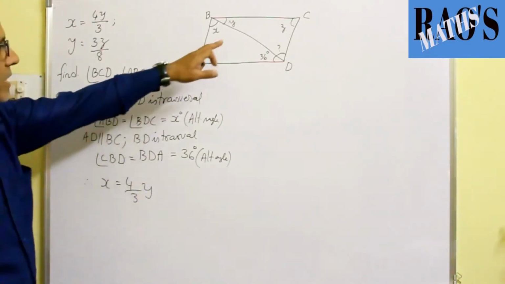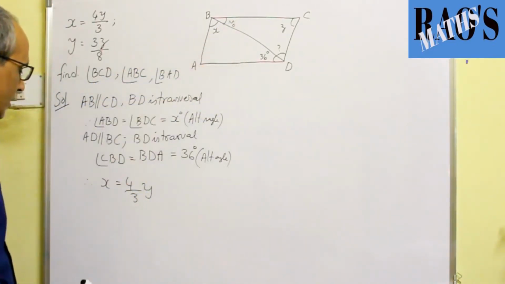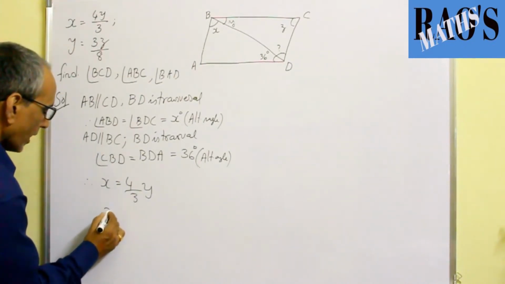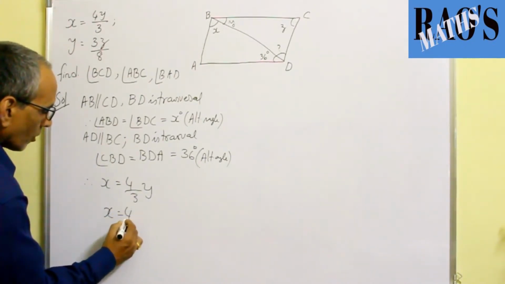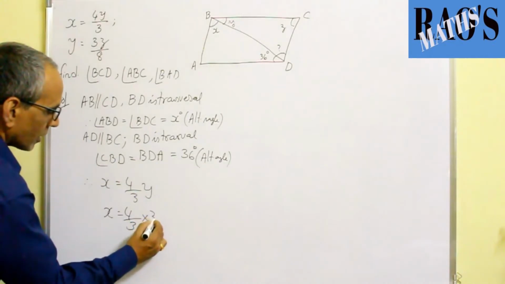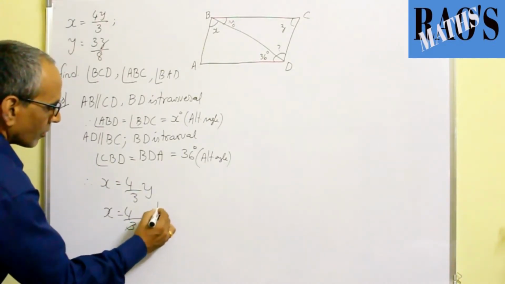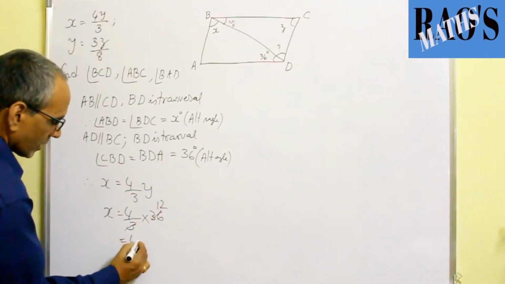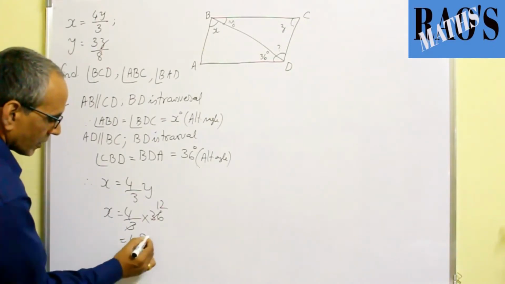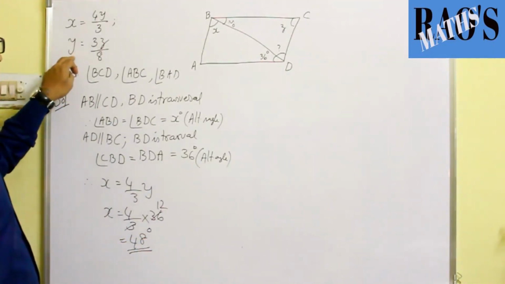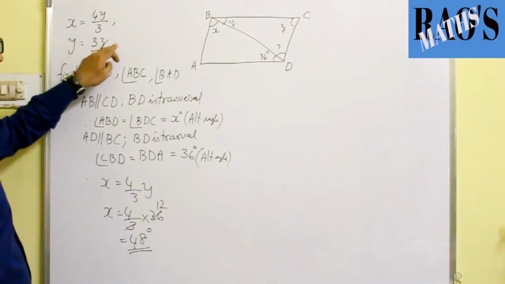What is the y we got here? 36. So, x is equal to 4/3 into 36, 3 12s, we get 48. X we got is 48 degrees. And from this statement, y is equal to 3/8 of z.